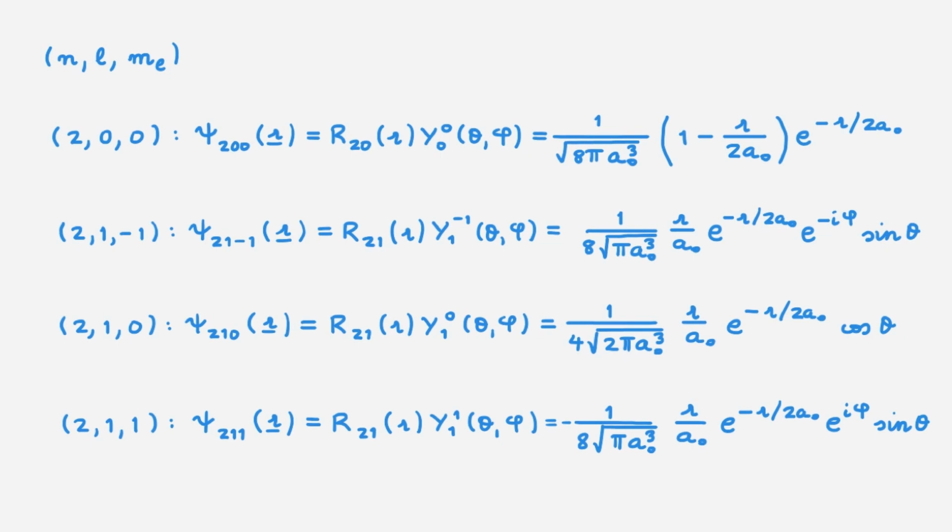These results show that the radial function is the same for a given angular momentum L quantum number, but different between different values of L, with L equals 0 here and L equals 1 in these 3 cases here, here, and here. Overall, the first excited state of the hydrogen atom is, therefore, 4-fold degenerate.